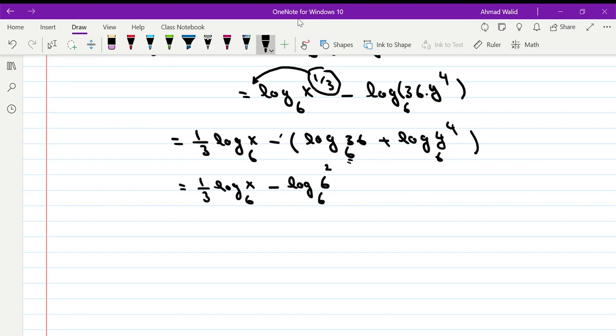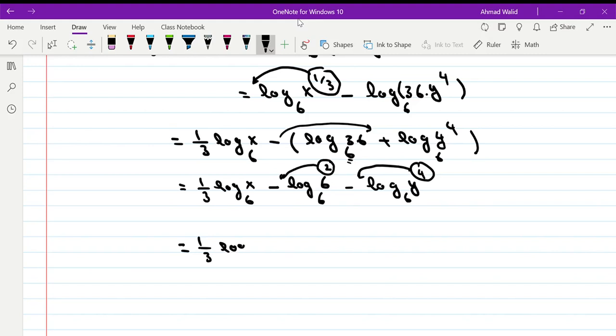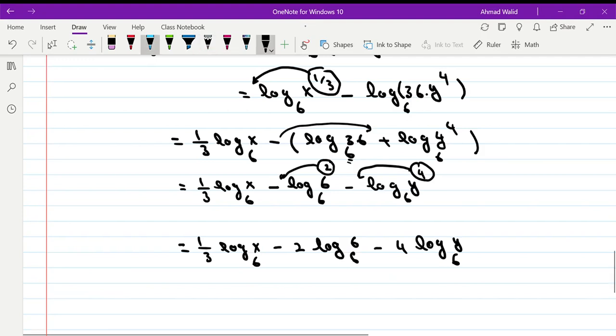And distribute the negative also here, minus log of y to the power of 4 base 6. Now, again, bring the exponents to the front of log and simplify. Then 1/3 log of x base 6 minus 2 log of 6 base 6 minus 4 log of y base 6. One more step, right?